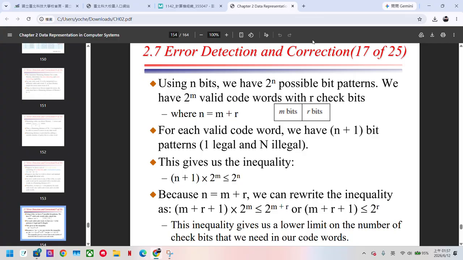With n bits, there are 2 to the n possible patterns, but only n plus 1 of them are valid per data word. This leads to the inequality like this, and this formula establishes the lower limit for the number of check bits required.